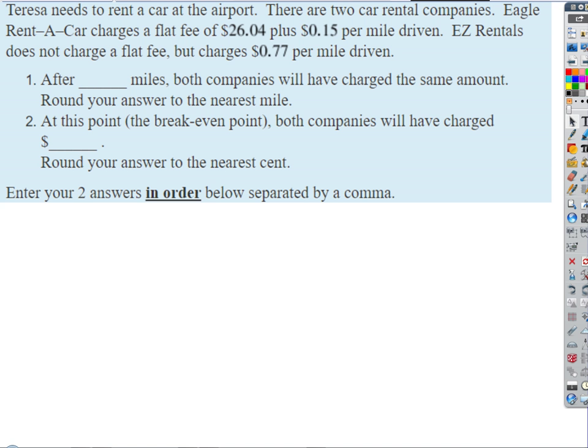So what do you think? Talk me through this: what are some things we want to consider when doing this problem? Deciding on an approach. Yeah, go ahead. Put them both into an equation. Okay, you've got to put them both into an equation.